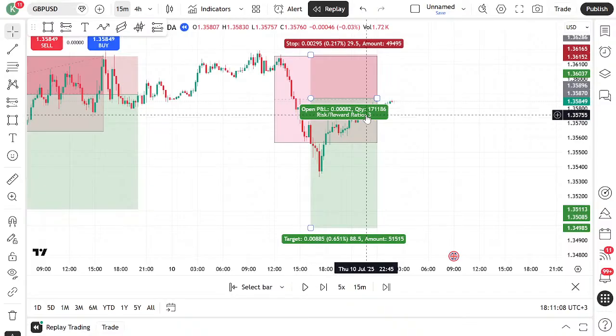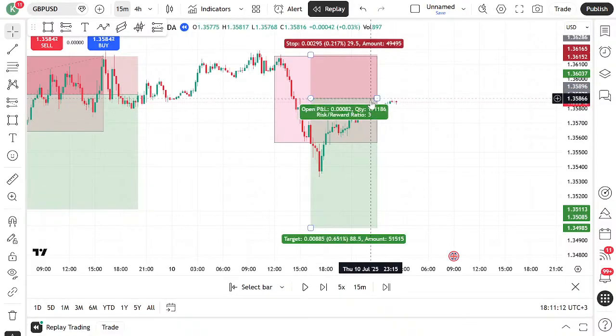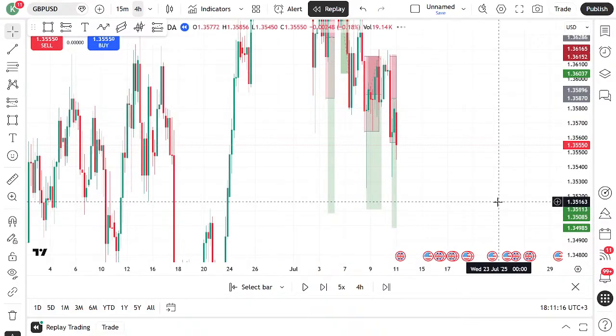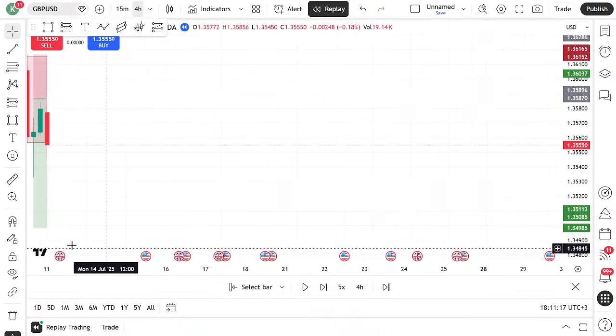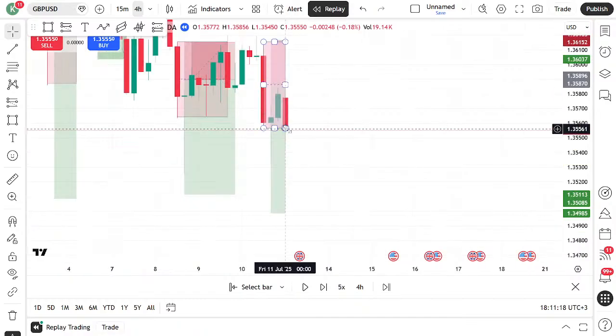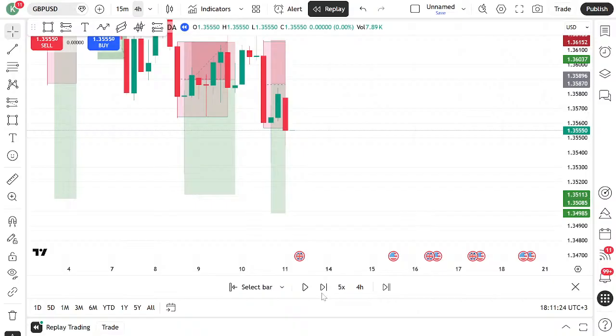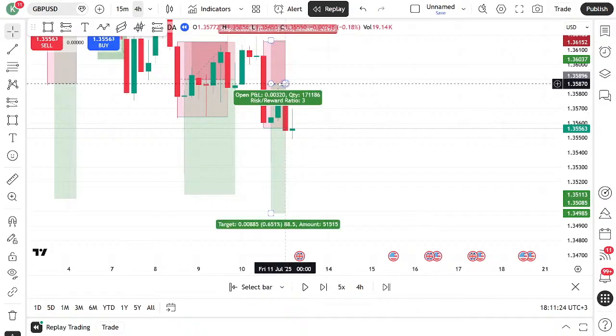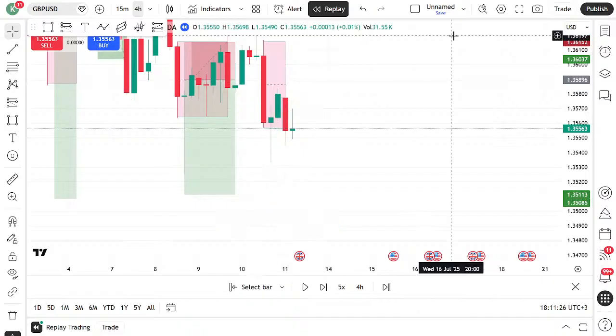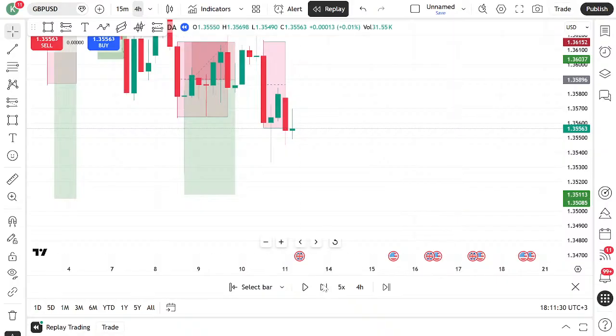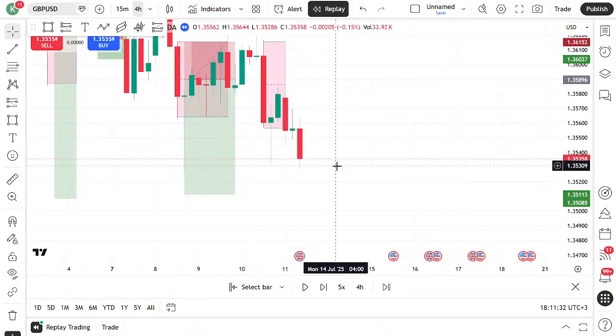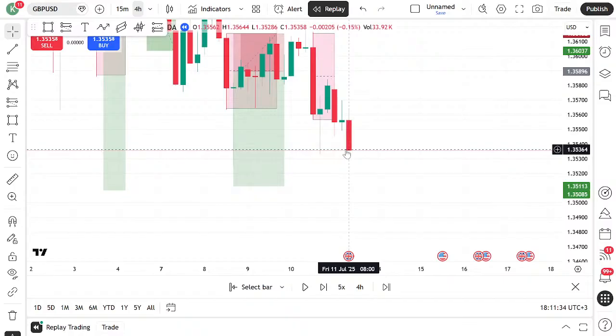We were not triggered during this time, so we'd move on to the following day. Let's move on to the 8 a.m. candle. Let's remove this because it didn't play out. 4 a.m. candle.